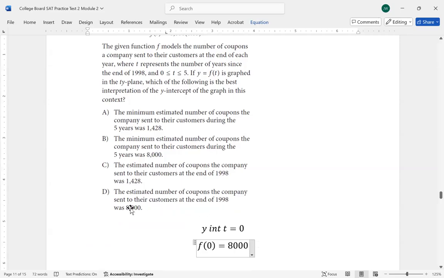That, by the way, is what's stated in D. So we're looking at D there, the estimated number of coupons the company sent to their customers at the end of 1998 was 8,000. So D is the answer to question 17.